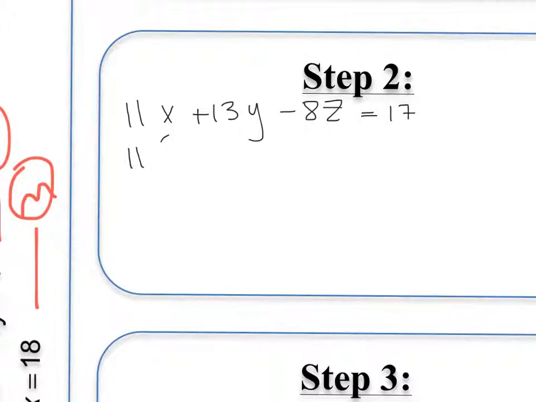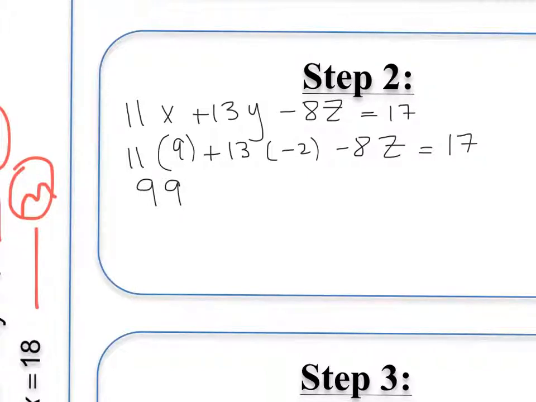I just found x to be 9, so let's plug it in. I just found y to be negative 2, so also let's plug it in. 11 times 9 is 99. 13 times negative 2, that's negative 26. Minus 8z equals 17. Let's combine 99 minus 26, and that's going to be 73.